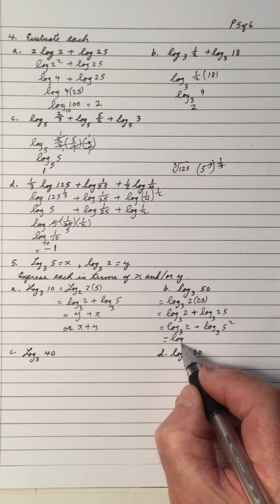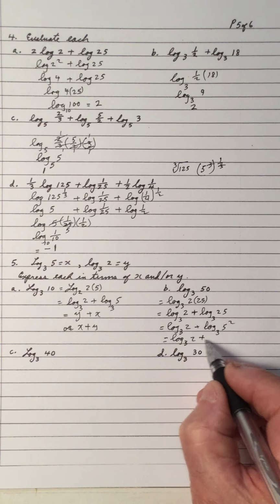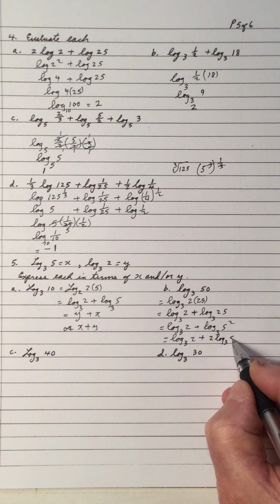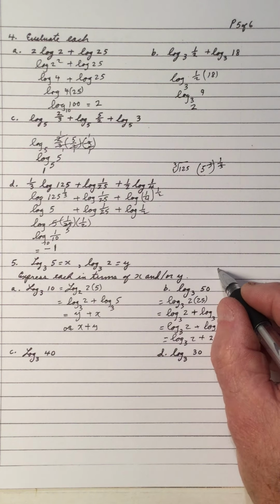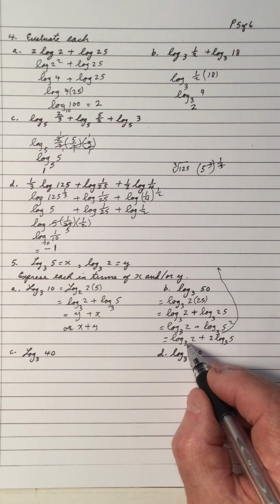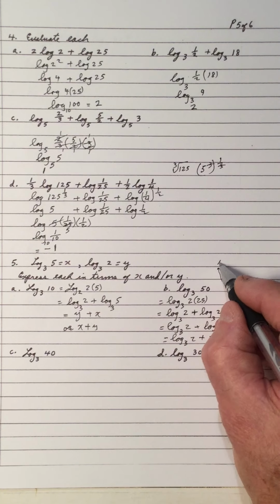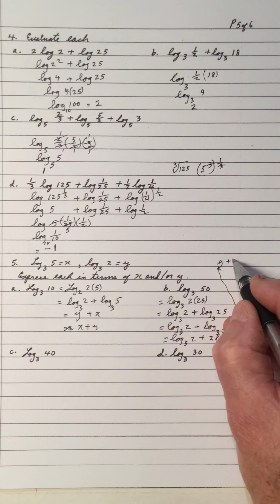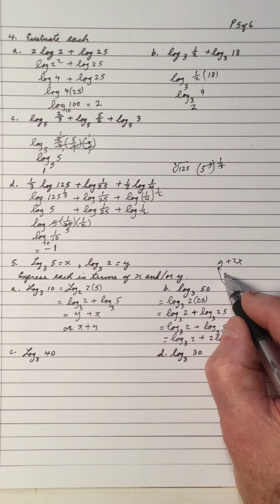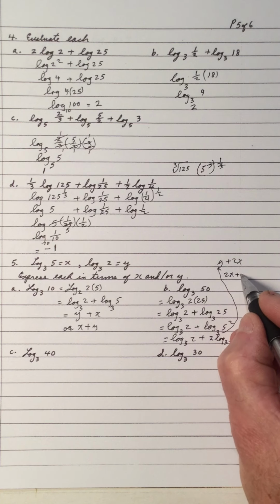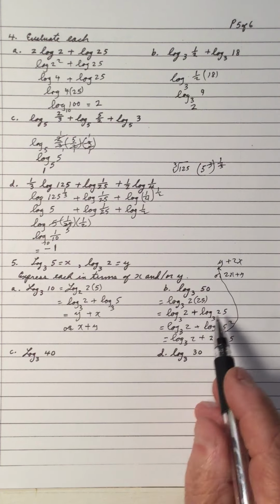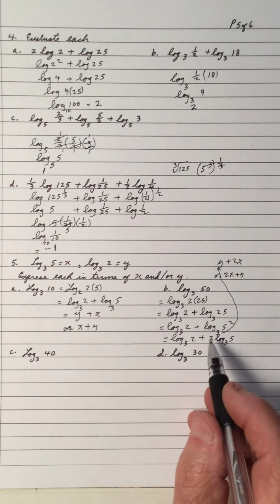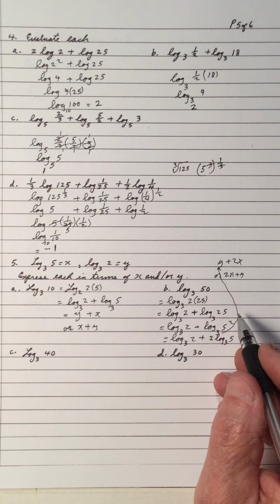So this is the log of 5 base 3. The 2 goes in front because of the power rule. Log 2 base 3 is y. Log 5 base 3 is x. So you could have y plus 2x or 2x plus y, either or. Notice how we're doing different problems relating, trying to explain or understand the log rules.